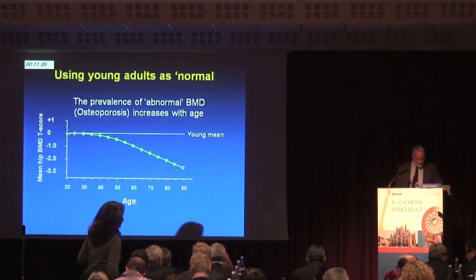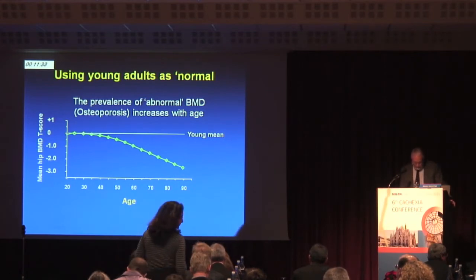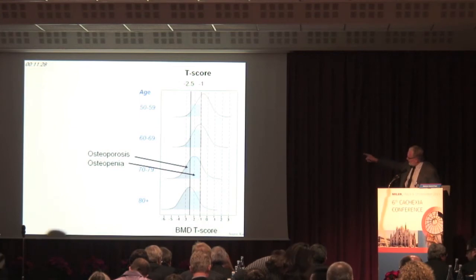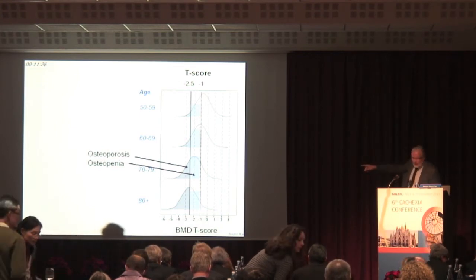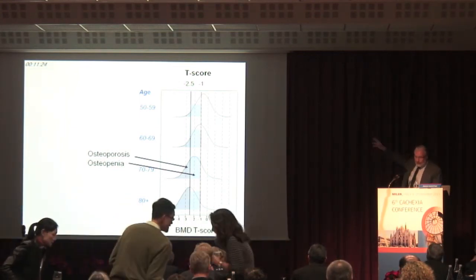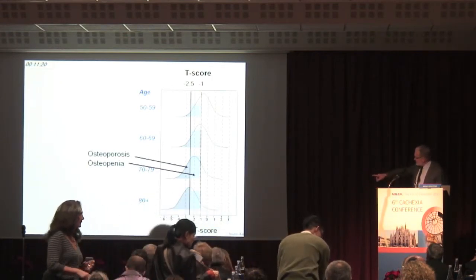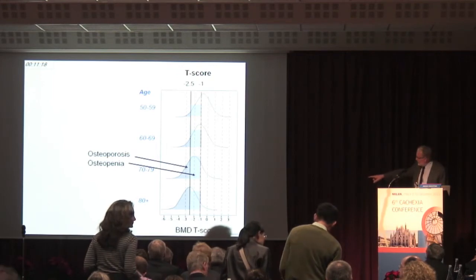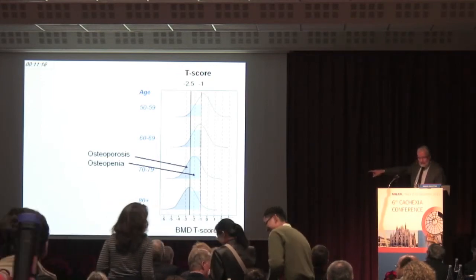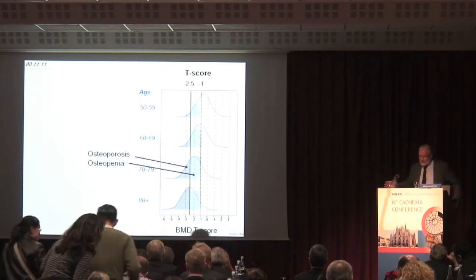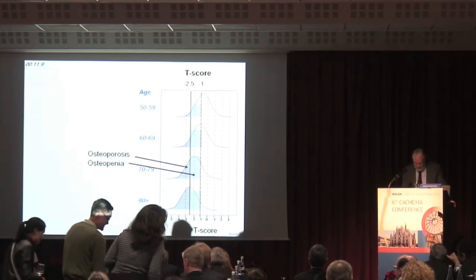So in this case, the young mean is about 30, which means that with each passing decade, 50, 60, 70, 80, you can see in the dark shaded area the proportion of that group, that bell-shaped curve of people who have bone densities, BMD T-scores at the bottom. The black line is -2.5, the red line is -1.0. You can see the increasing proportions that begin to fall in those categories.